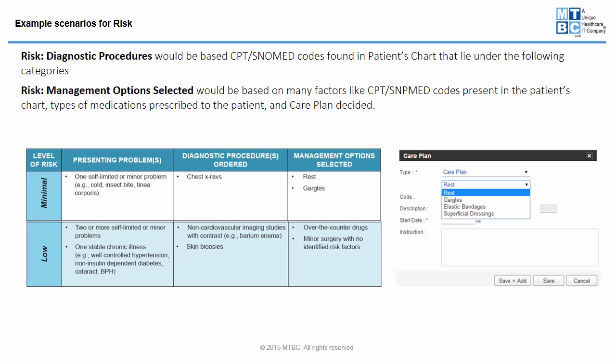Now, if the presenting problem is, for example, cold, insect bite, or something like that, the level of risk would be minimal, and as a result, the diagnostic procedure applied would be, let's say, chest X-rays. The management option selected would be rest or goggles.